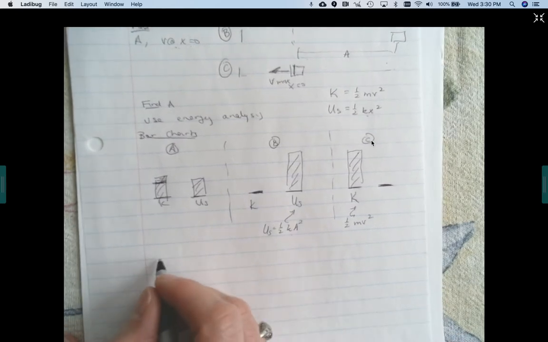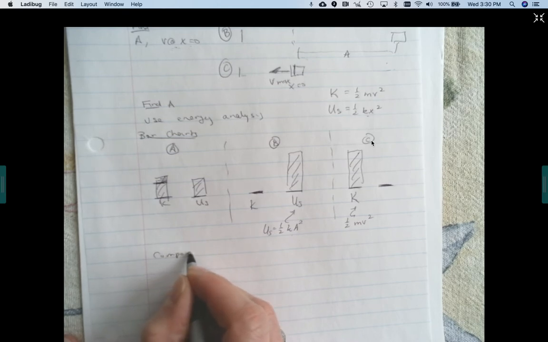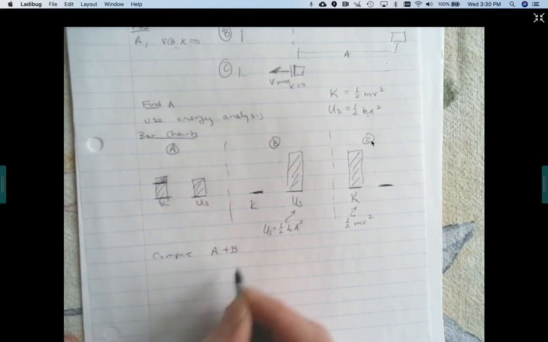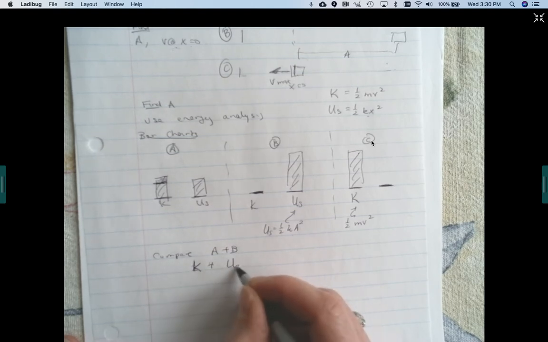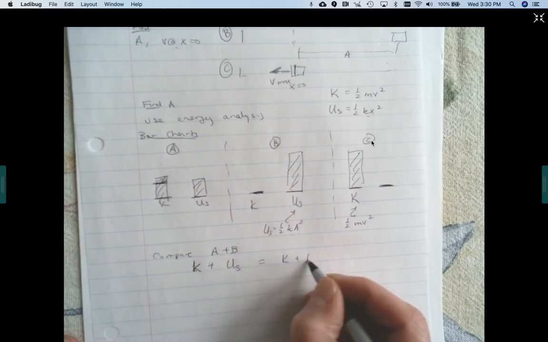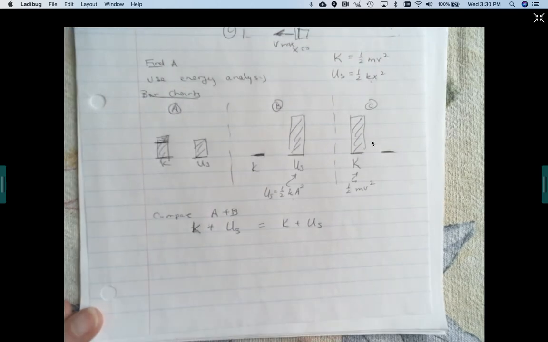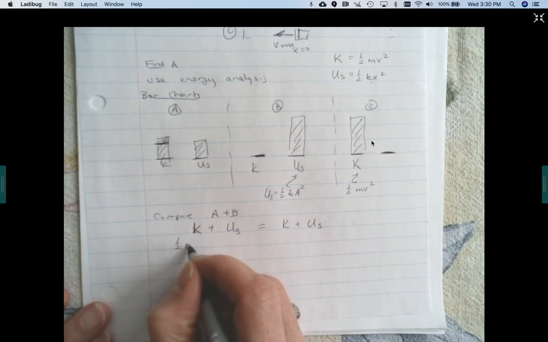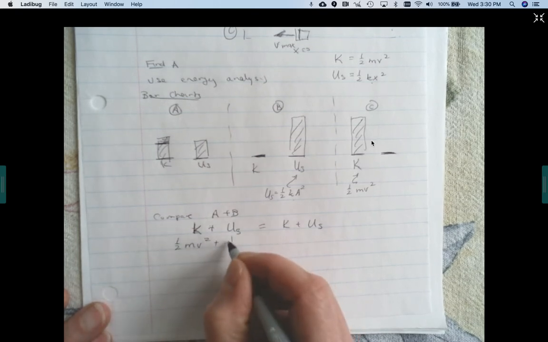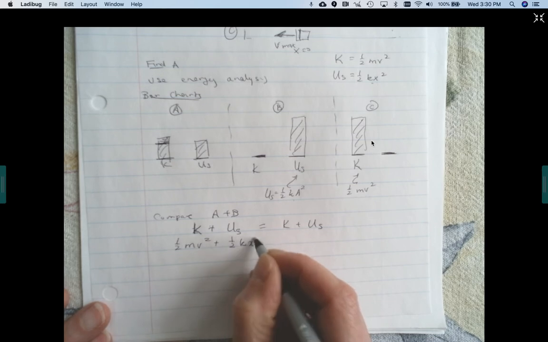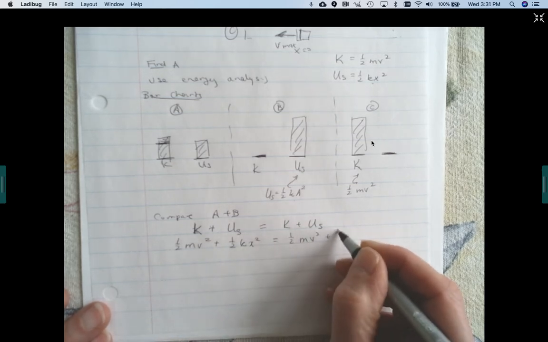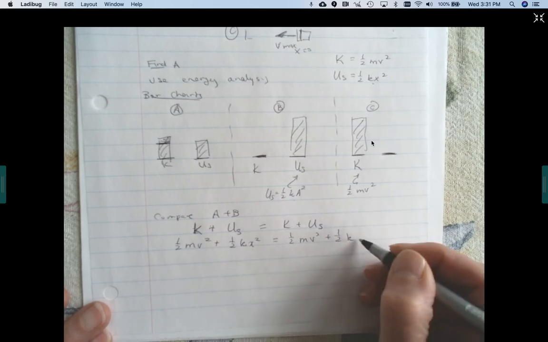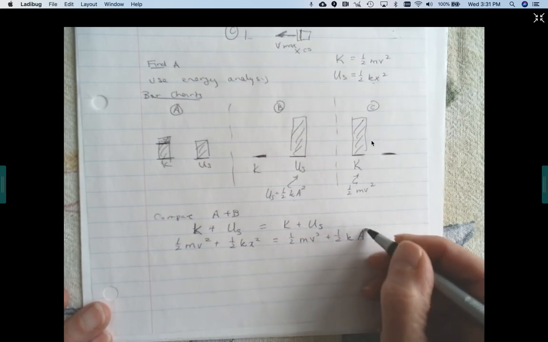So let's compare A and B. So conservation of energy says, let's start general, right? Kinetic plus potential at A is going to be equal to kinetic plus potential at B. So we have 1/2 mv squared plus 1/2 kx squared equals 1/2 mv squared plus 1/2 k A squared.